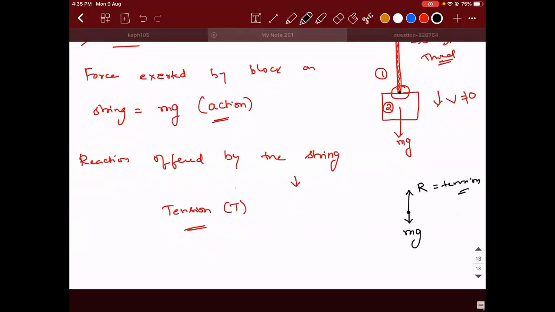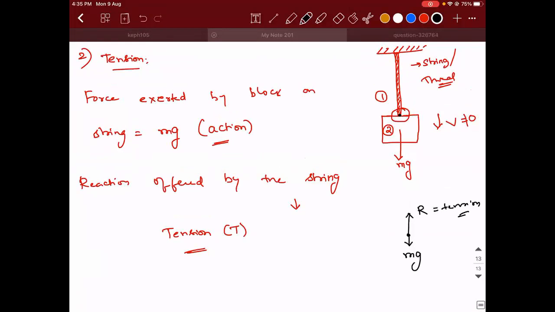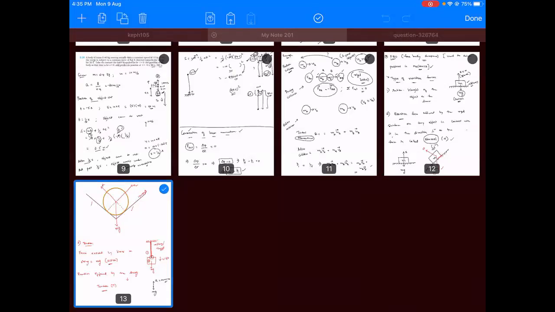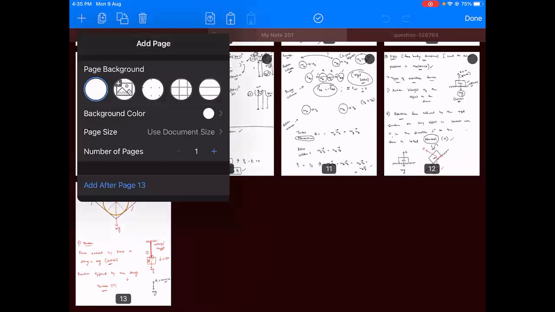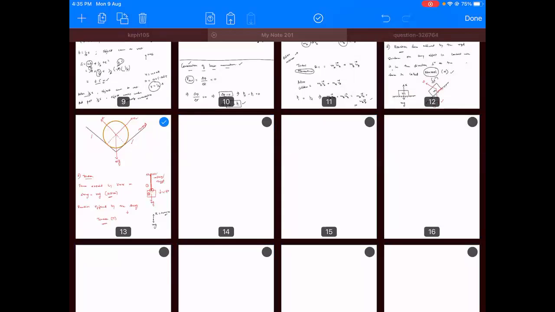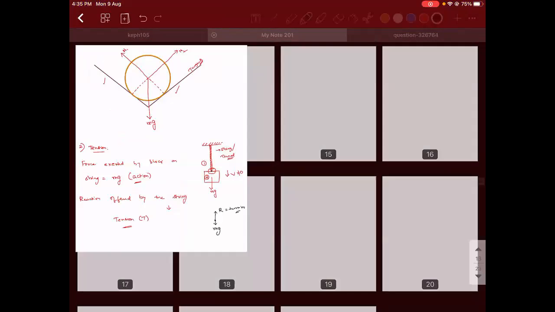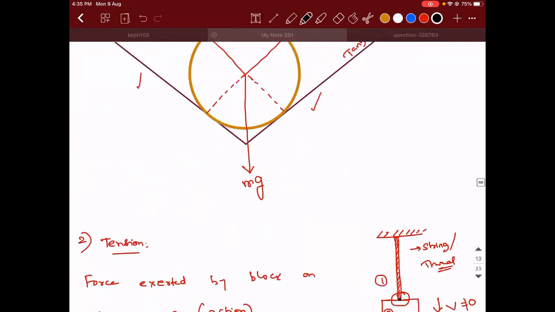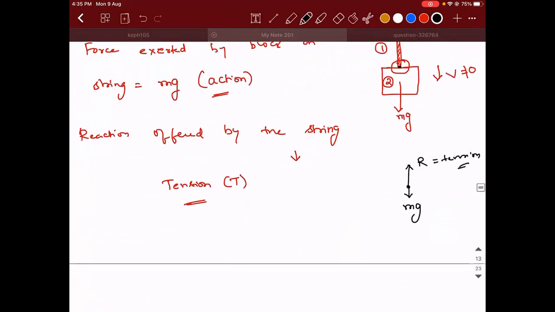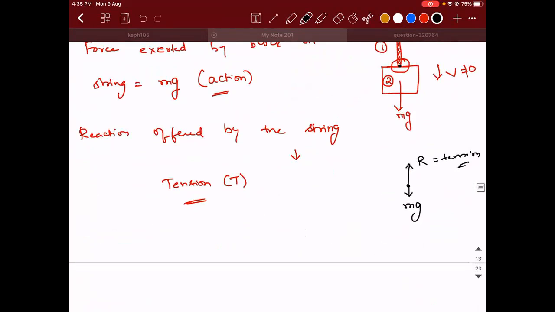Now, there are certain points to be kept in your mind with respect to this tension. Please write it down. Sir, is tension same as normal force? No. Same in which sense is what you're asking? Sir, at the point where the block and the string are connected, won't there be a normal force acting?